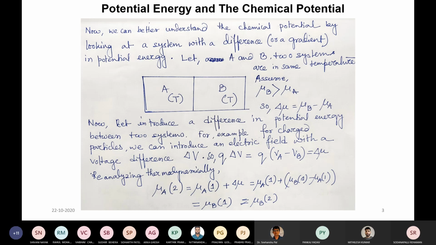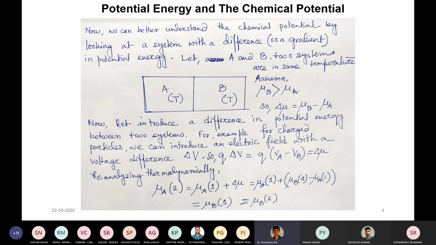We have changed the potential energy of all particles in system A, but we have not made any changes in system B. This means that we have changed the energy of system A, and the Helmholtz free energy, F A, but we have not changed U B and F B. Means we are changing the energy and Helmholtz free energy of system A, but we are not changing the Helmholtz free energy or the energy of system B. Hope all of you understood that.